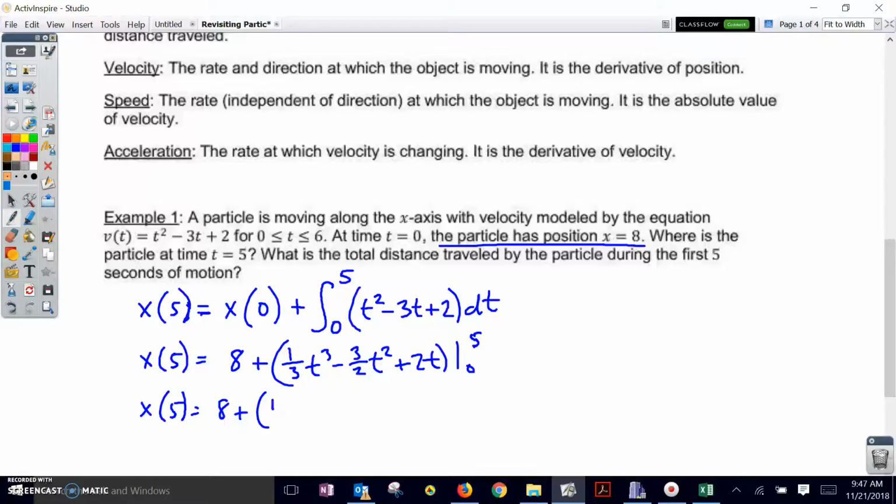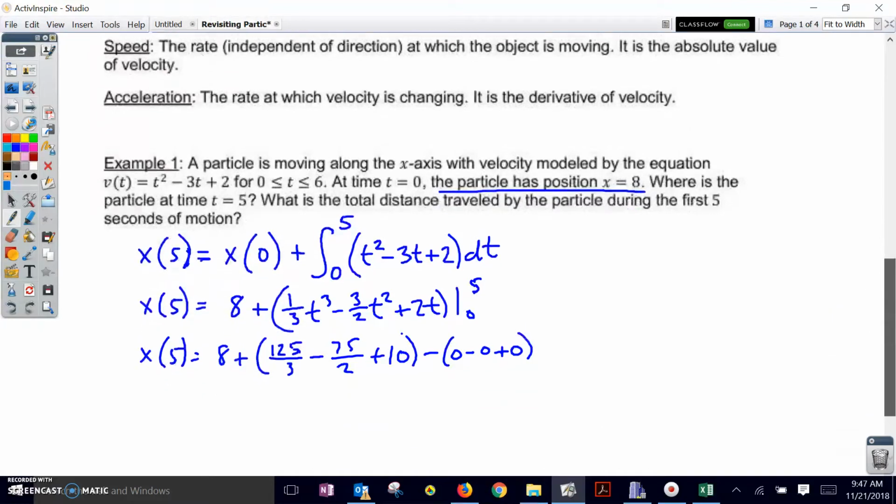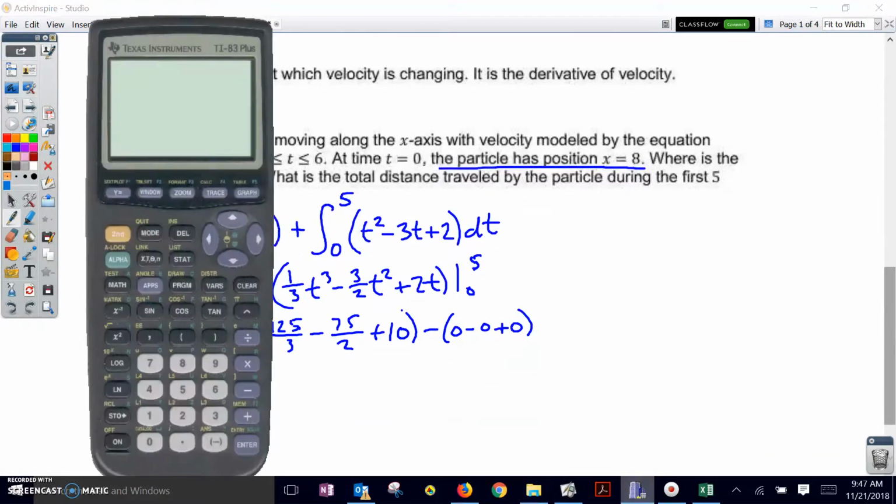And so we've got 125 over 3 minus 75 over 2 plus 10 minus 0 plus 0. It's nice when one of those limits of integration is 0 and leads to all those zeros in our calculation. And so we'll go ahead and calculate that.